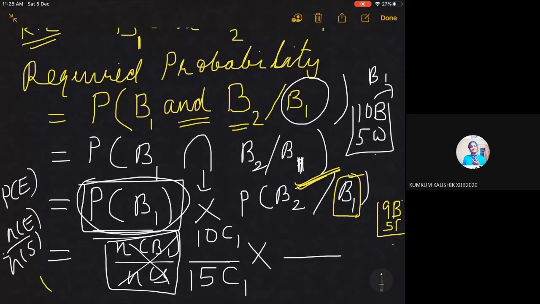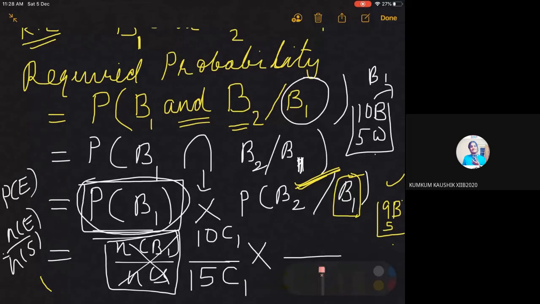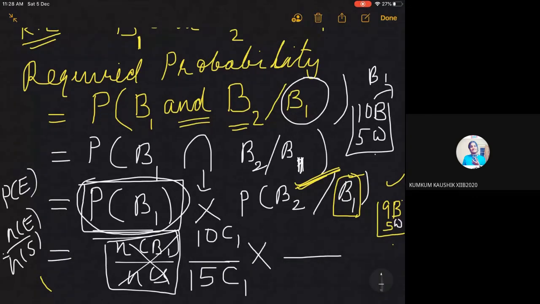Now the urn condition is like this. There will be 9 black balls and 5 white balls. From there, you have to select one black ball. So in how many ways can you do this?